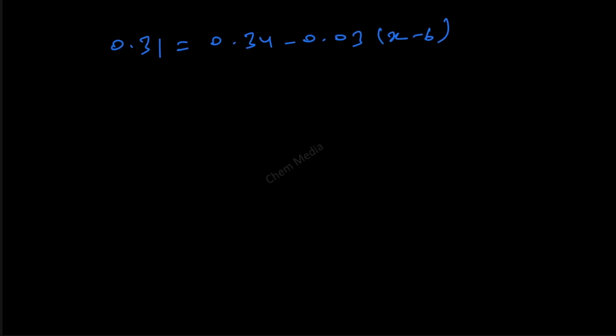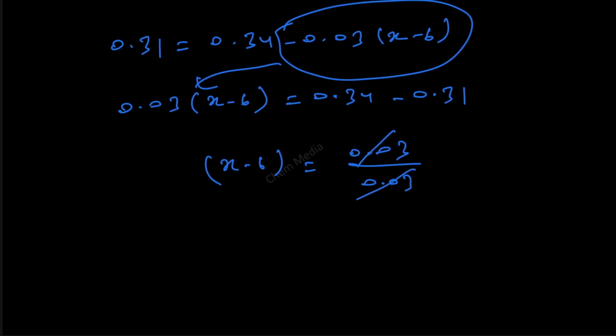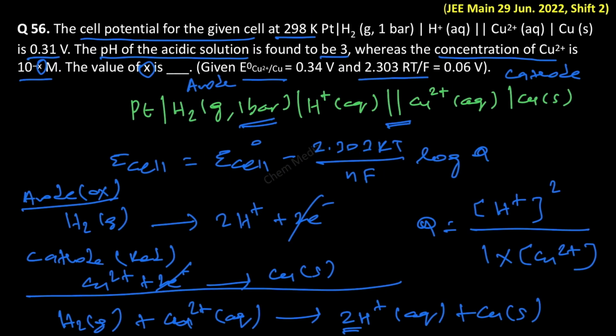So 0.03 times x minus 6 is equal to 0.34 minus 0.31. I just brought this term to the other side. So x minus 6 is equal to 0.03 divided by 0.03. So x minus 6 is equal to 1. Therefore x is equal to 7. Therefore 7 is the correct answer here. So the value of x here is 7.